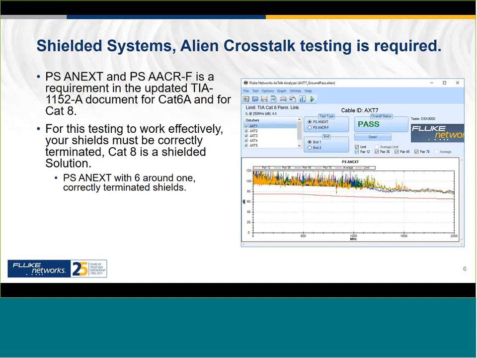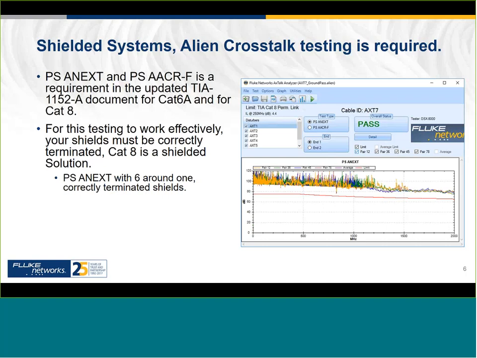So power sum Alien next with 6 around 1 with correctly terminated shields. As you can see from the test result here, it's a pass, and we've got quite acceptable margin there above the red pass-fail line, as you can see.